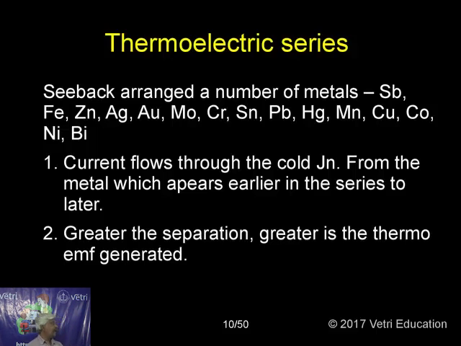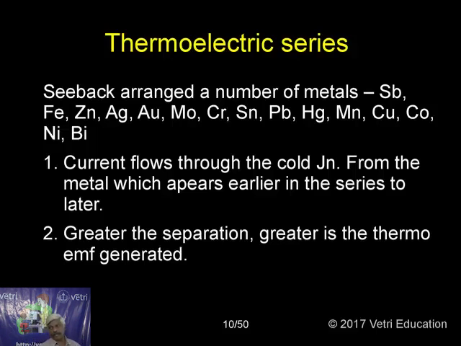The other thing: the greater the separation in the series, the greater the thermo EMF generated. If we take antimony and ferrous, we get some amount of thermo EMF. Instead, taking antimony and zinc gives more thermo EMF. What is the maximum separation? Antimony and bismuth.